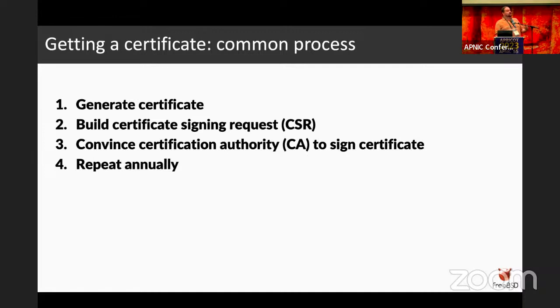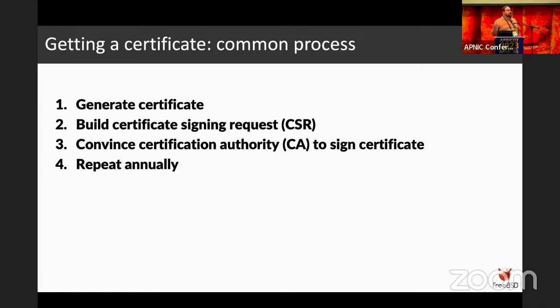And then you convince a certification authority, also known as a CA, to sign this certificate, and you repeat this every year. So historically, you generate your certificate once, you give it to a certification authority, usually pasting it in some web form, clicking some boxes, and then handing them a wad of cash. And they would give you your certificate back. And every year, they would send you an invoice to do this process again.